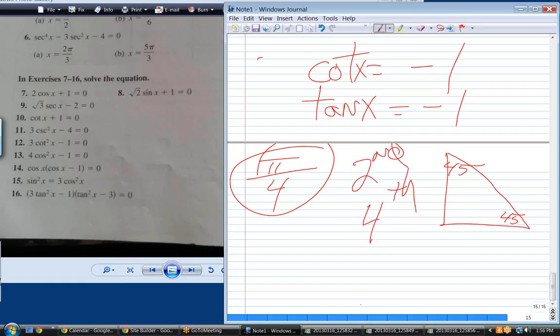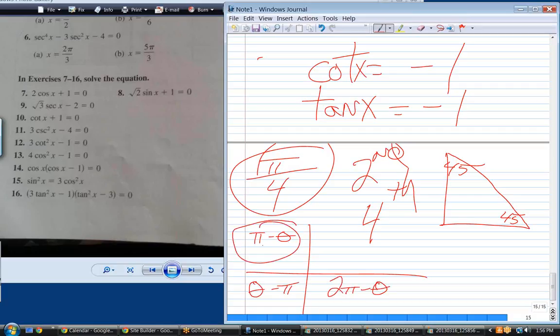So if we go back to that unit circle, and we try to stay in radians, it's pi minus theta in the second, theta minus pi in the third, 2 pi minus theta in the fourth.